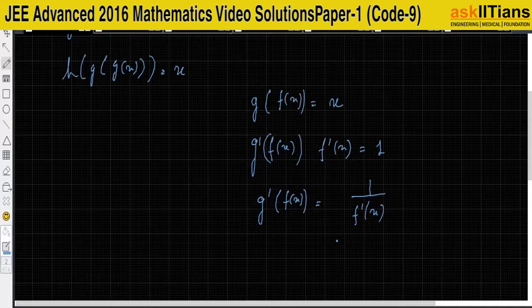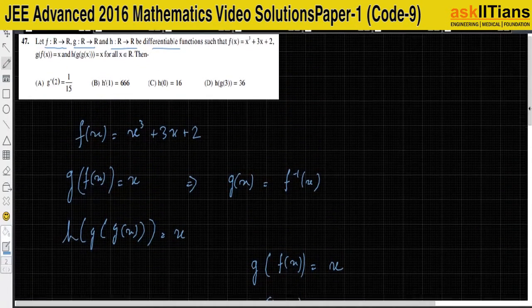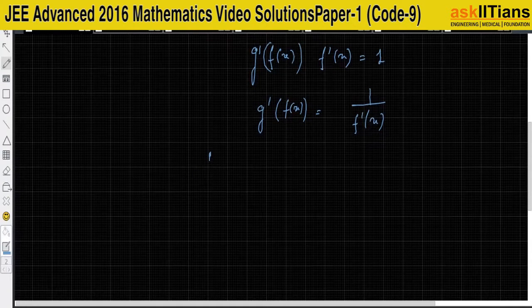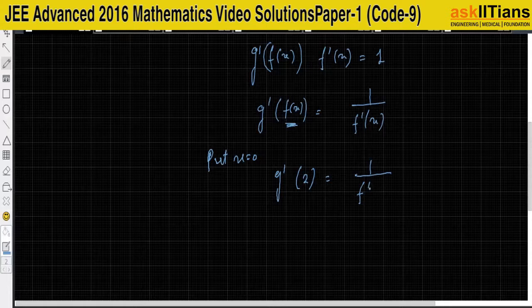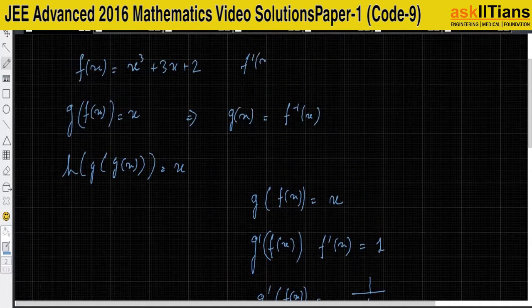Now I need to find out g dash 2. Alright, so if I need to find out g dash 2, I will put x equal to 0, because what is f(0)? f(0) is 2. So I get g dash f(0), which is g dash 2, equal to 1 by f dash 0, and what is f dash 0? f(x) is this, so f dash x will be 3x square plus 3.